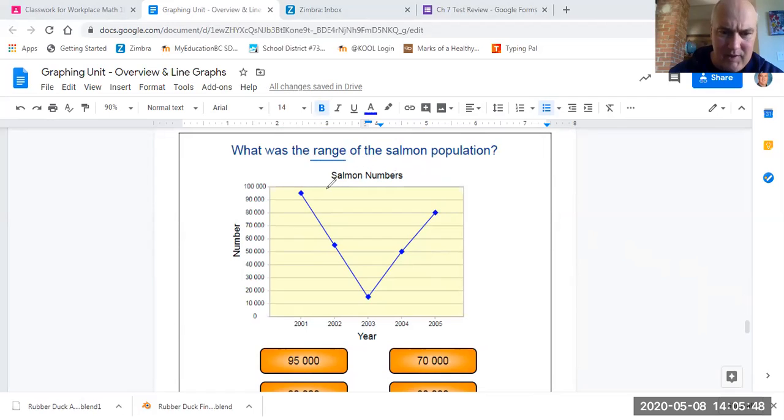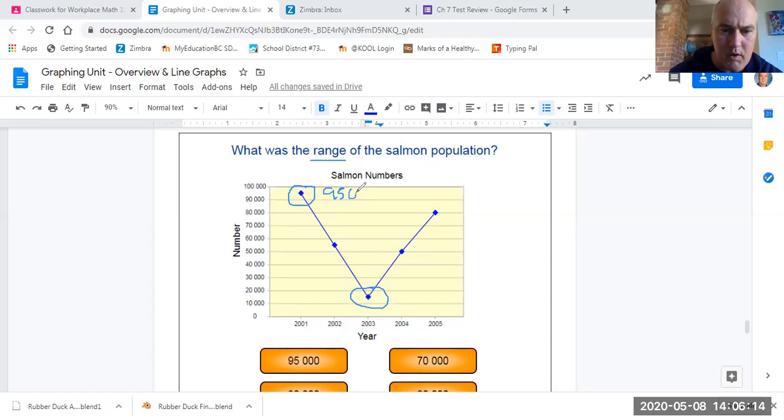Now, if we understand what range is, which is the difference between the highest and the lowest number, we obviously need to know what the highest number was, and what the lowest number was. So looking at this, this is the highest number in 2001, and the lowest number occurred in 2003. Now, it's kind of hard to tell exactly, but it looks like this point is halfway between 90 and 100,000. So that would suggest 95,000. Okay?